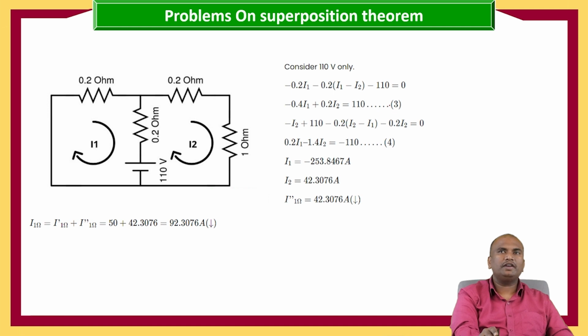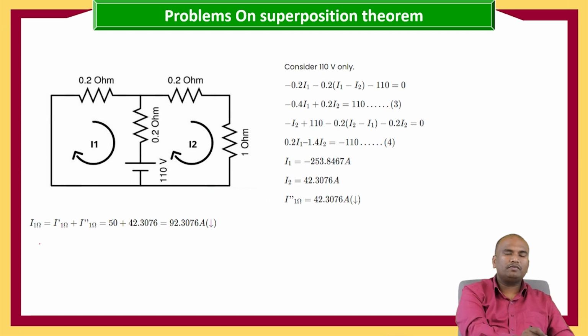Now when we solve these two equations, the I1 value is minus 253.84 and the I2 value is 42.3076. Here I1 double dash is equal to 42.3076.